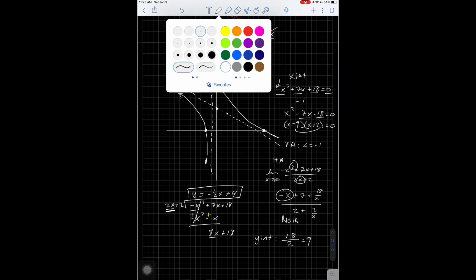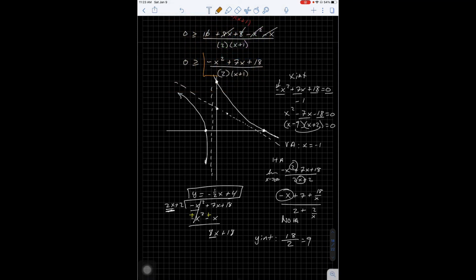Okay, the question is asking, now look at how it's facing. We're going to look at it right here. Where is the graph? The graph is on the right. Where is the graph smaller than? Because the small end is pointing towards the graph. So I want to know, where is the graph smaller than 0? This means, where is it below the x-axis? The answer is in this little region right here and in this little region right here.